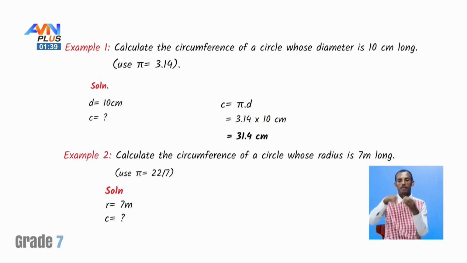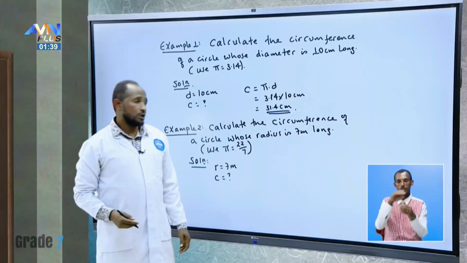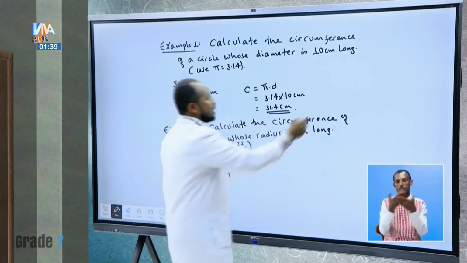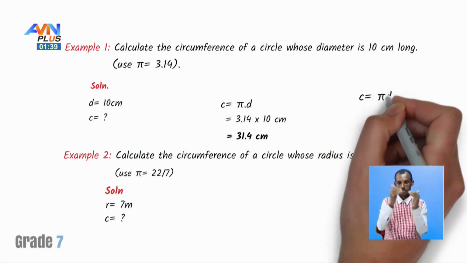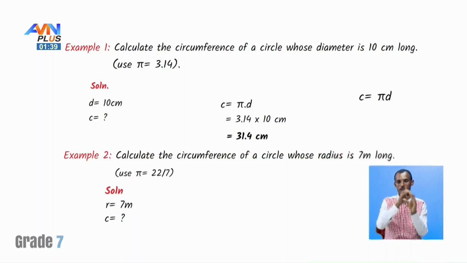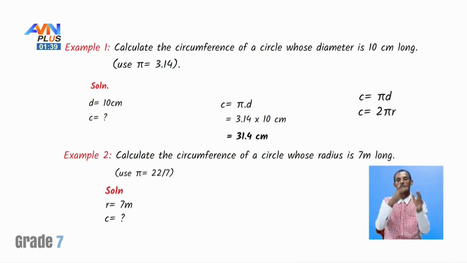So how do we calculate circumference? We have already derived two equations. You can apply this equation: circumference is equal to pi times diameter, or circumference is equal to 2 pi times radius. In this case, we can use this equation since the radius is given.